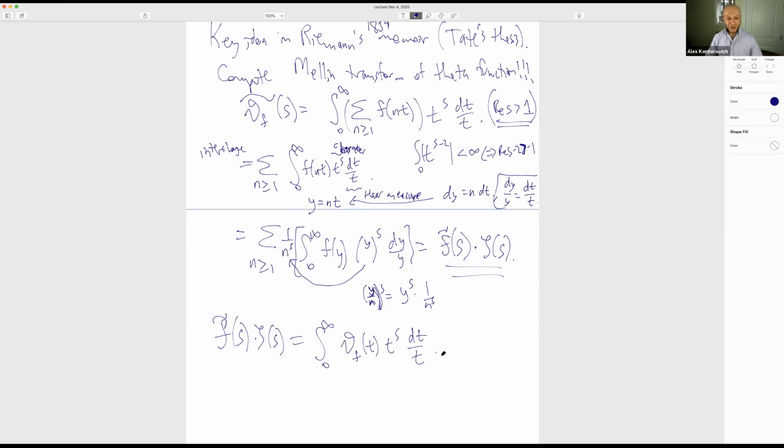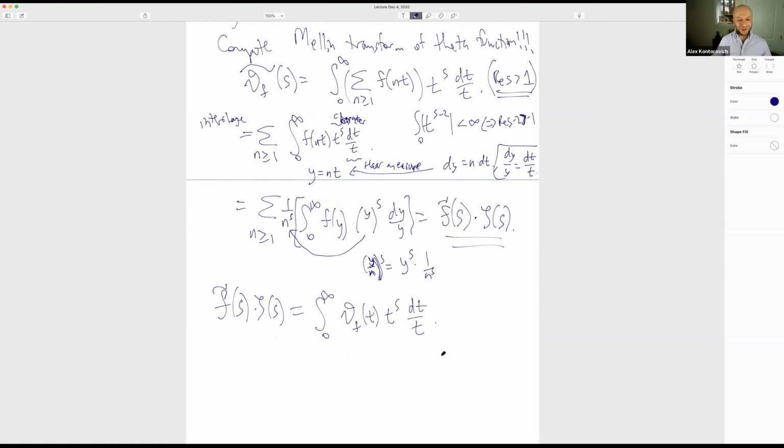Then he says something else. The behavior of this function is very nice when t is large. But when t is small, we have this problem. So let's break the integral as an integral from 1 to infinity, where we want to leave things alone, plus an integral from 0 to 1, where things aren't as nice.